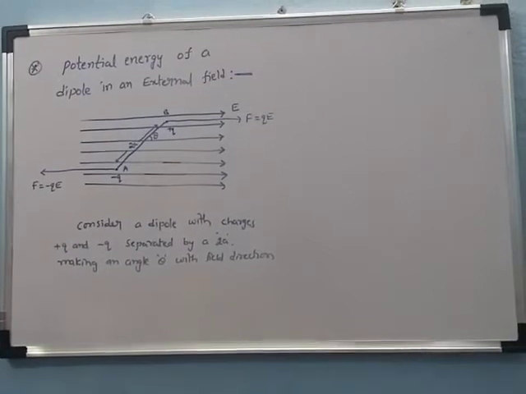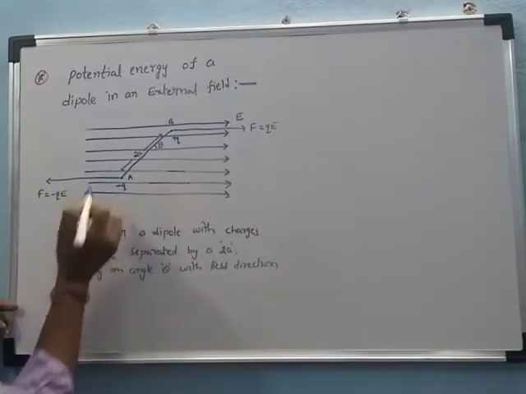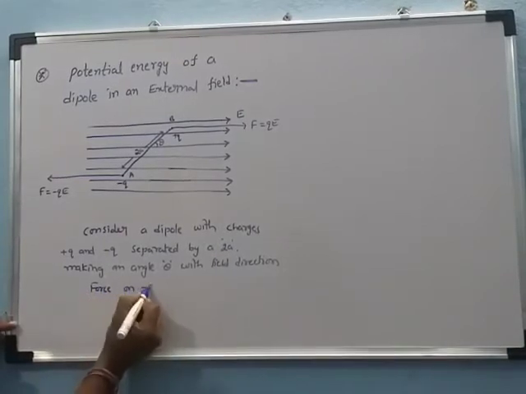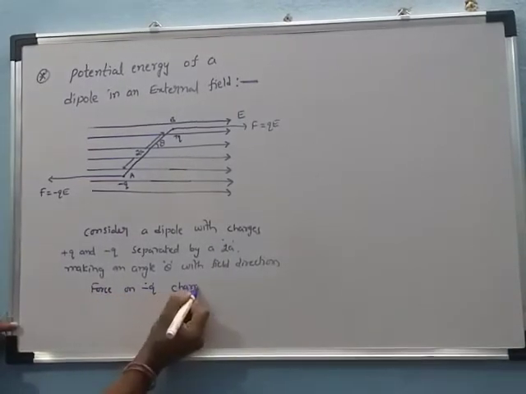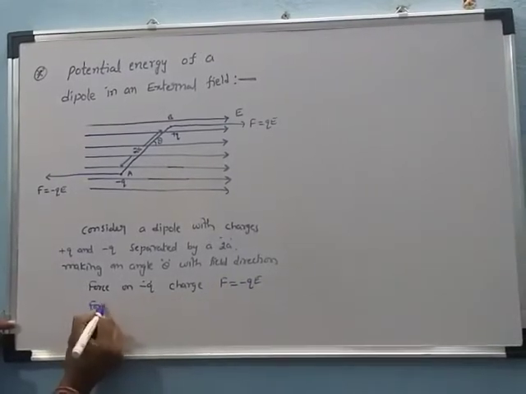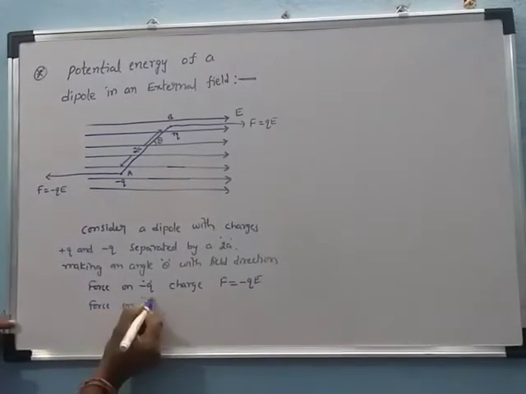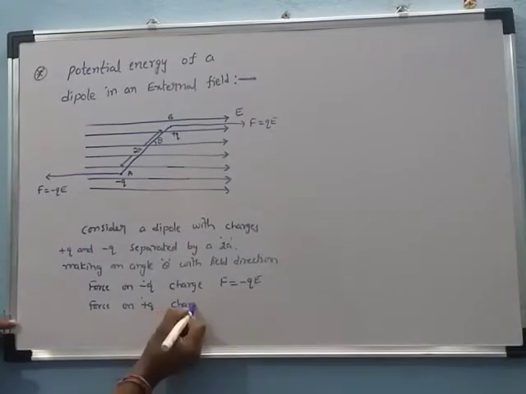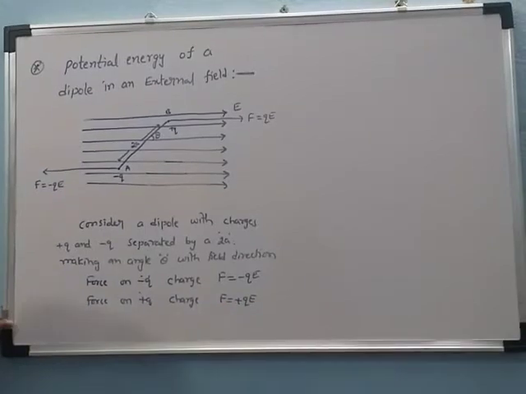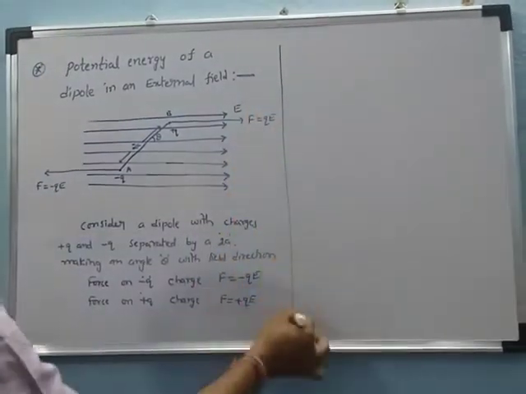Here the torque is stable. The force on the negative charge is F is equal to minus QE, and the force on the positive charge is F is equal to plus QE.